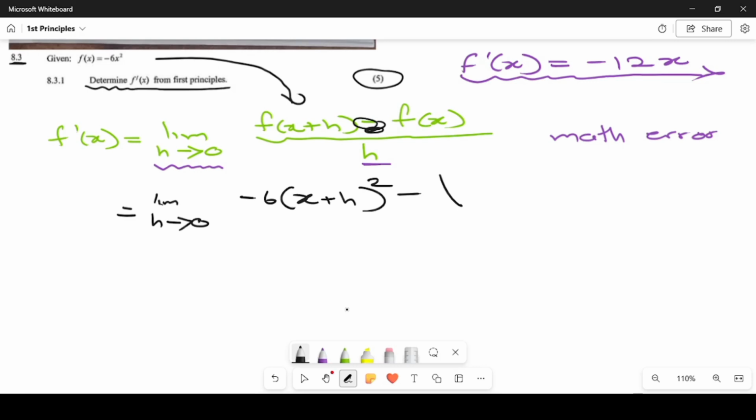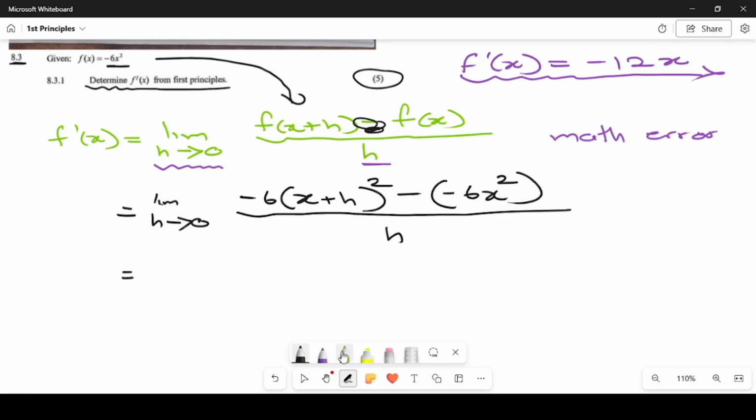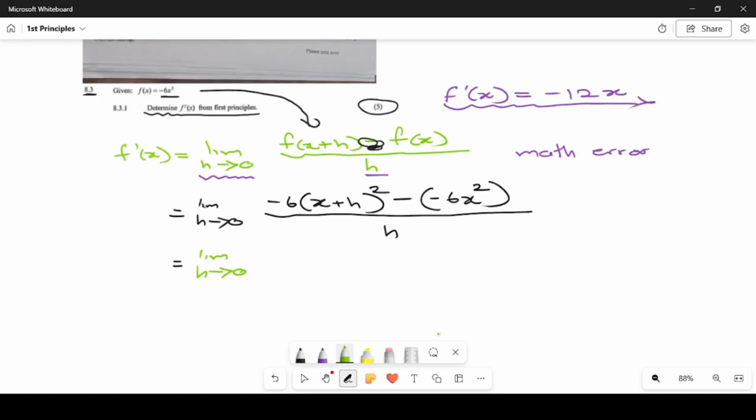Now what we're doing is we're just going to continue. Limit h approaches 0, and we remove the brackets. Let me show you something very, very interesting and cool. Right now we need to simplify this bracket. You can see that we are squaring a bracket. Here's a cool method of doing that, and a fast way to do it as well, because this question can be done in just under or above 5 minutes.